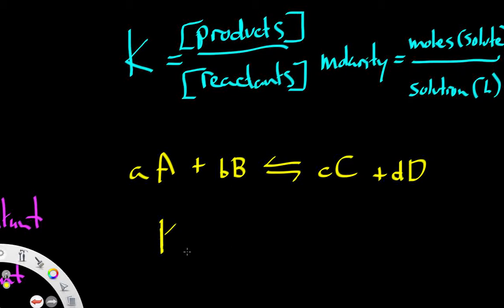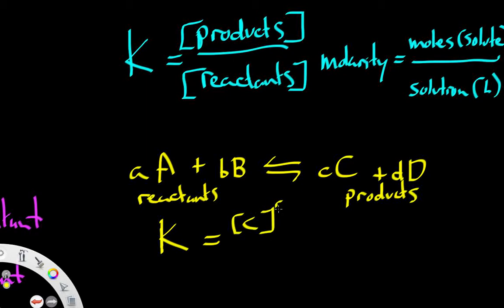And I can demonstrate that by showing, once again, my products over my reactants. And that's simply going to be drawn like this, where I have my C, so those are my products over my reactants.